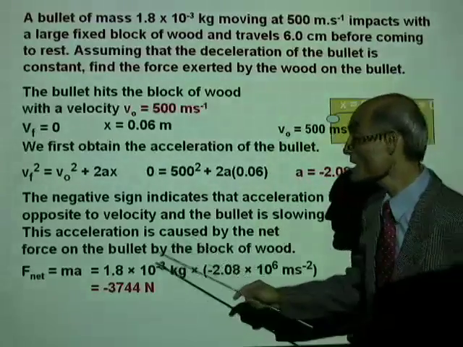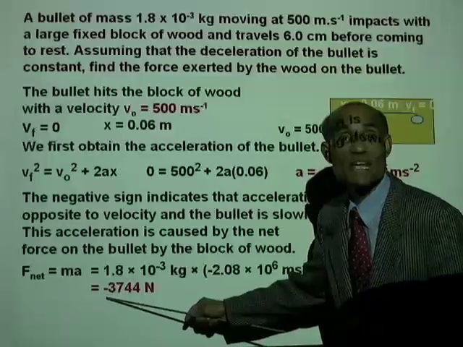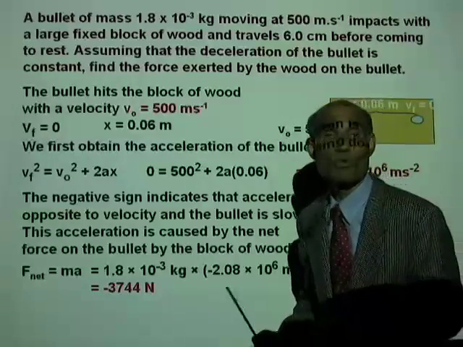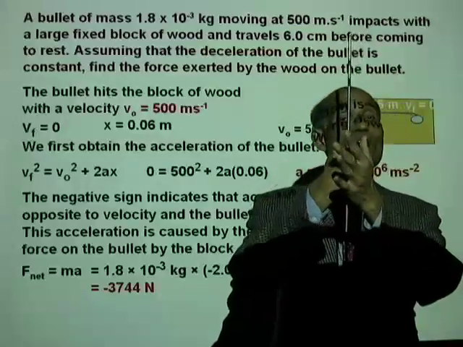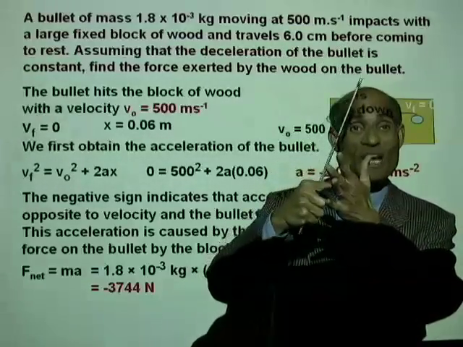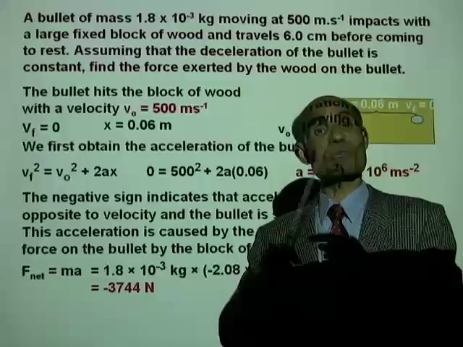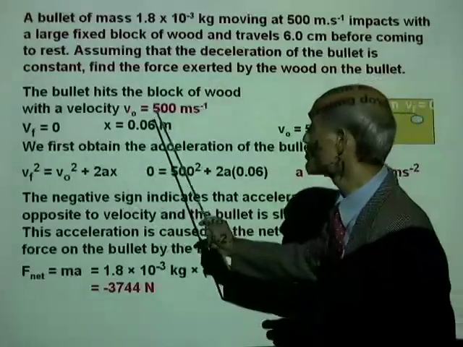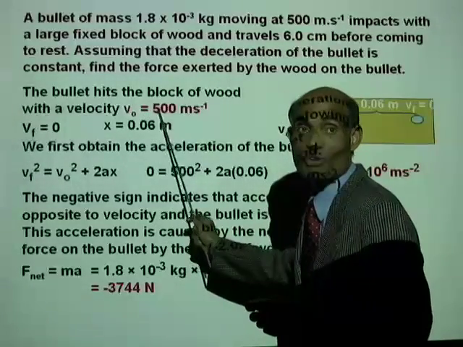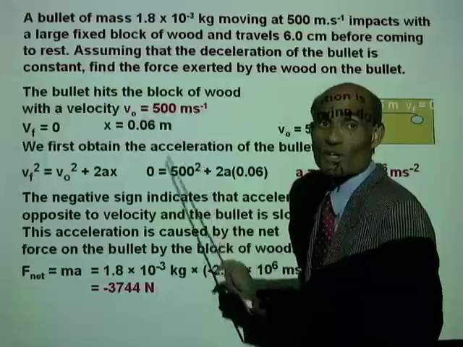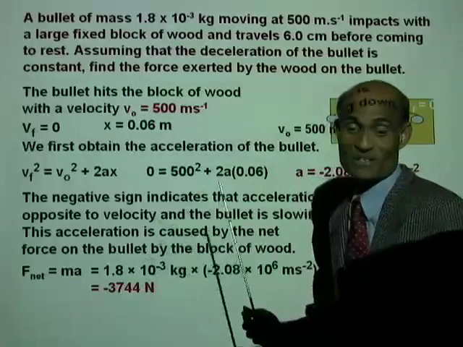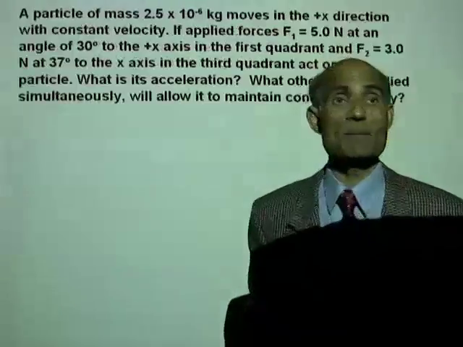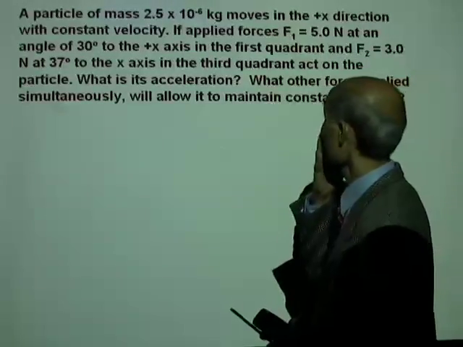Tell me, why is the force negative? The force is negative because it is opposing the motion of the bullet. The force is directed opposite to the direction of the velocity. Because we started by taking the velocity positive, the force is directed opposite to that. It is negative.